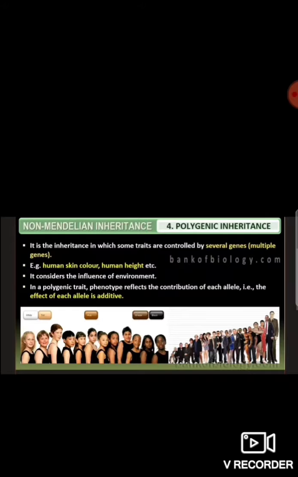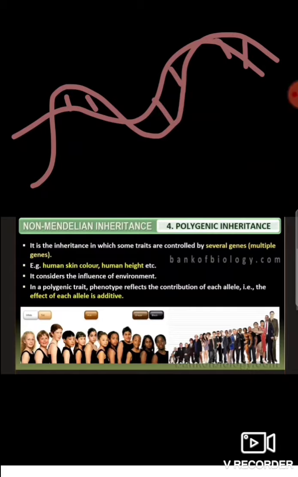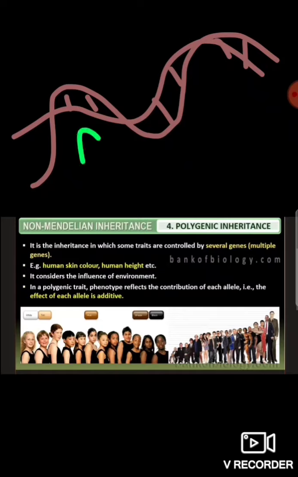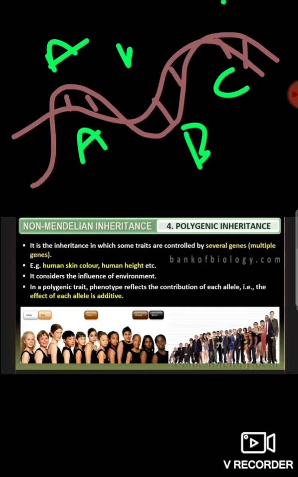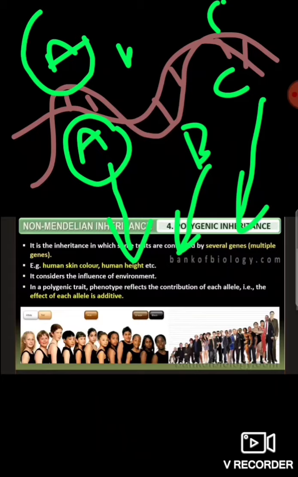So in a polygenic trait, phenotype reflects the contribution of each allele, that is, the effect of each allele is additive. As I told, in polygenic inheritance there will be many types of genes involved. If there is A gene, there might be B gene, there might be C gene. So all the genes will contribute, all the alleles of the genes.